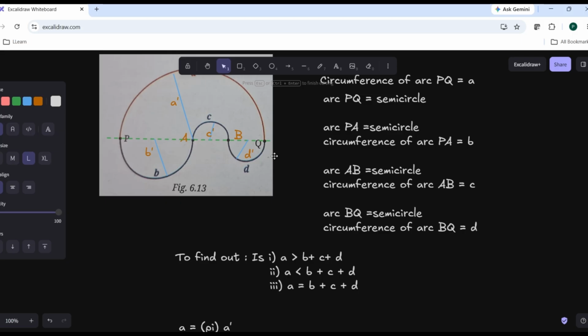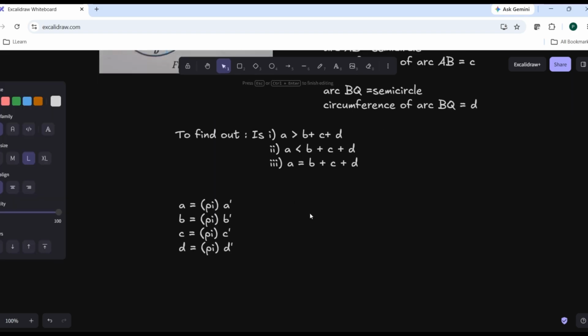So when we are summing B plus C plus D, this is actually pi B dash plus pi C dash plus pi D dash, or we can write it as pi of B dash plus C dash plus D dash, right?